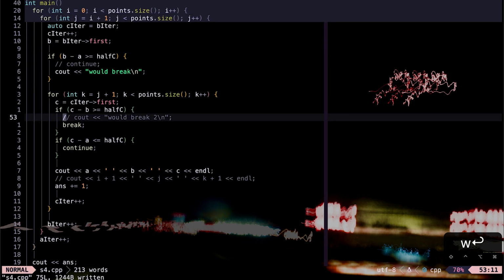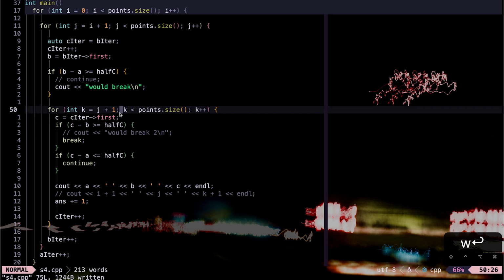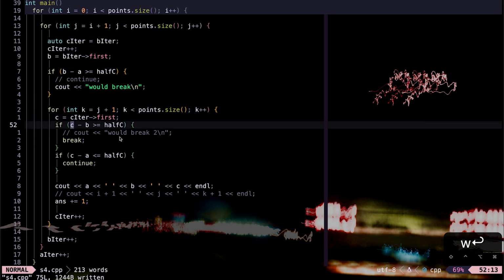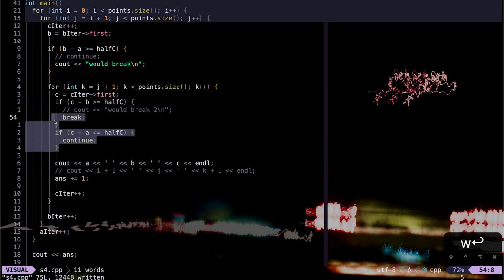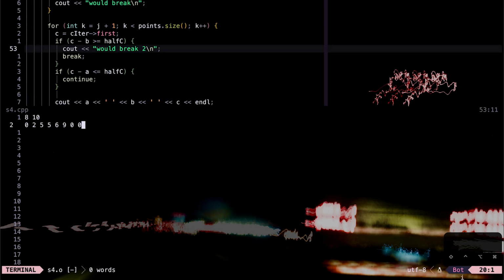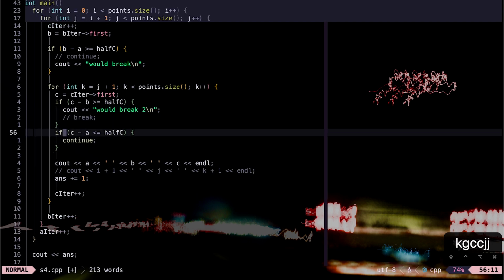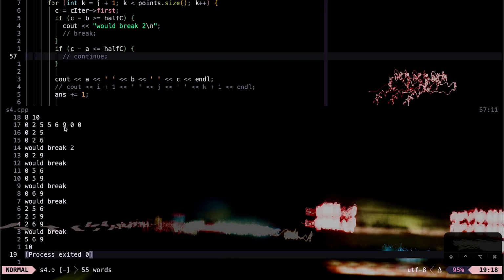So if C plus B is greater than half C, the only thing that will increase is C. So C will increase. If C is already too large, it will never get good enough. So if C gets larger, it's better. So this is continue, this is break. Alright, that's fine. C minus 2 is less than.